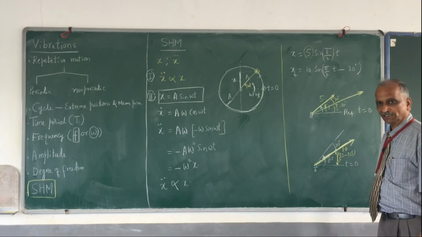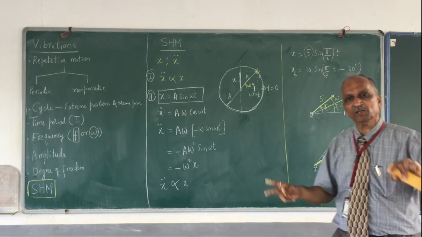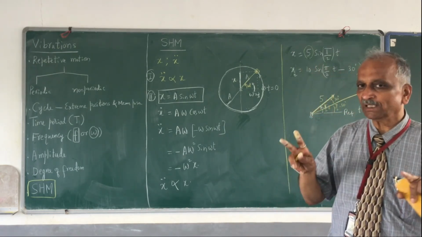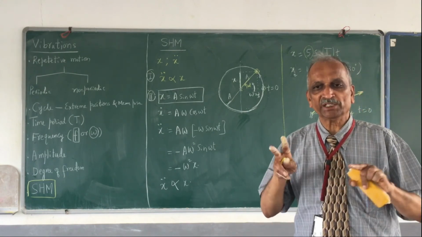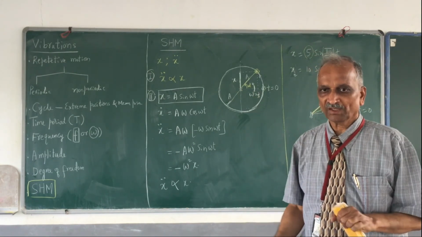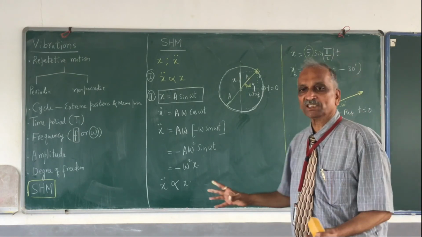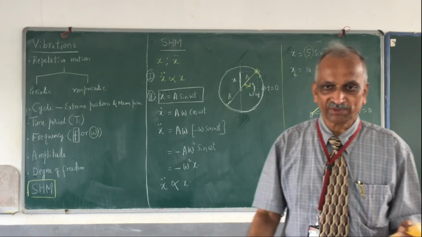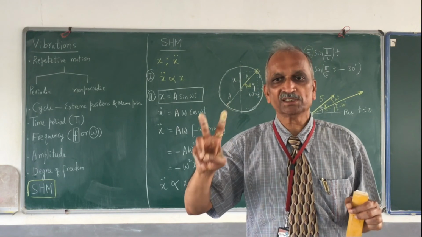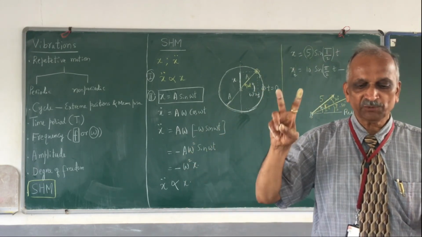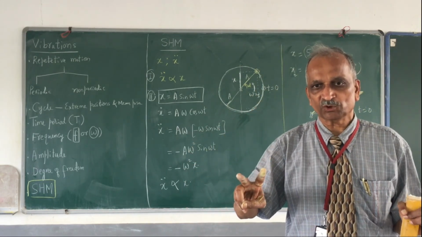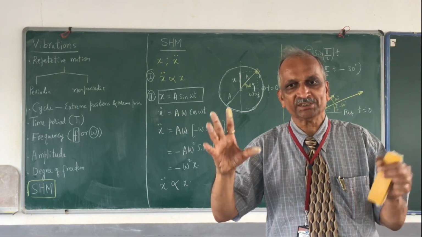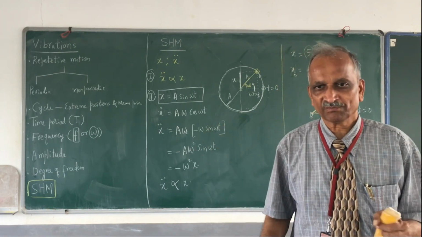That 30 degrees is the angle between the two simple harmonic motions represented by vectors, and that angle is called the phase difference. Phase difference is the angle between two simple harmonic motions which have been represented as vectors.